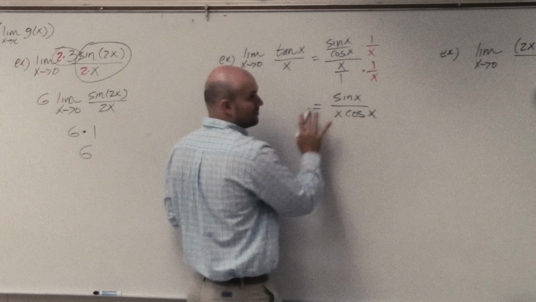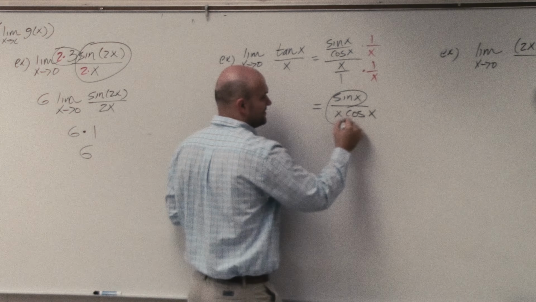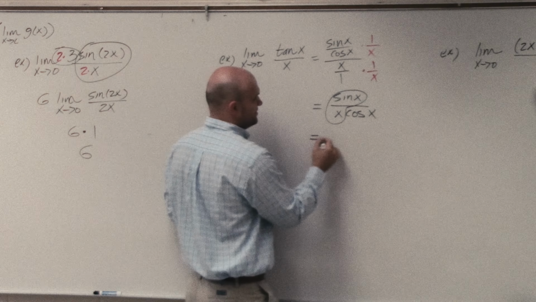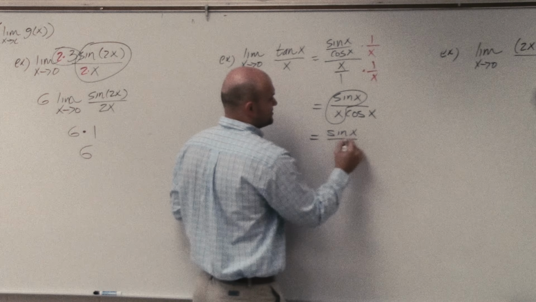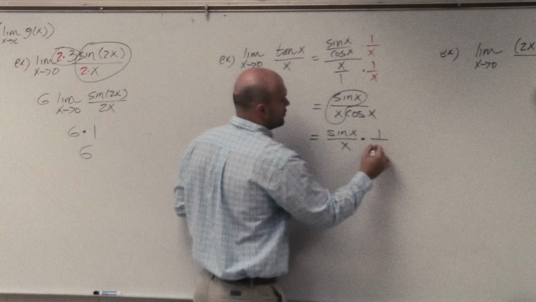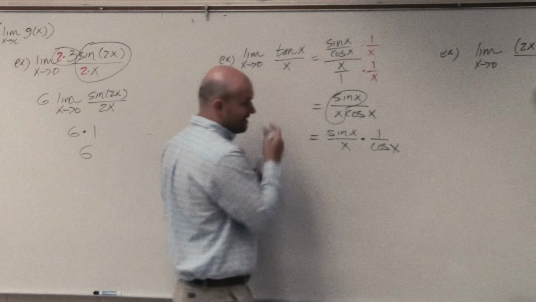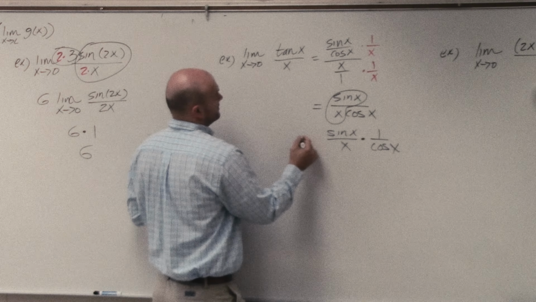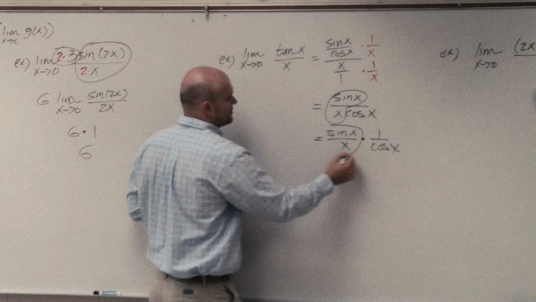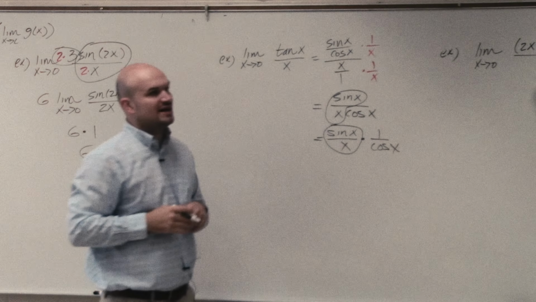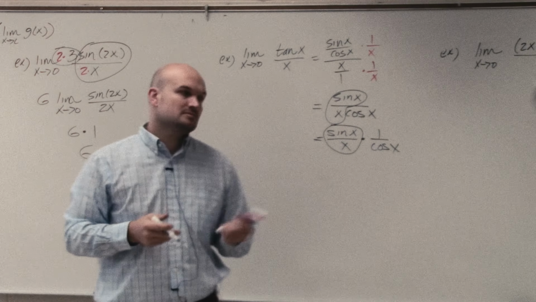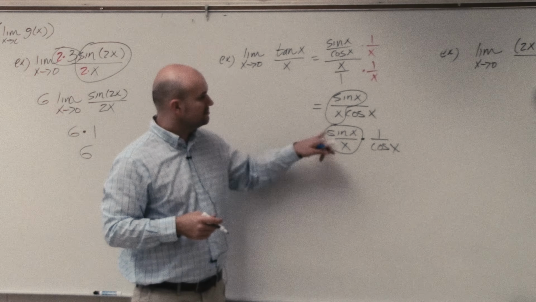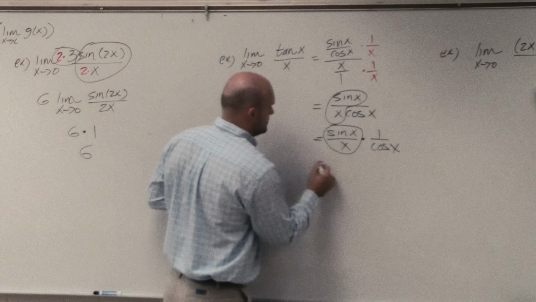Well, I can separate this. I can group these together because I want those to be grouped together. So that would look like sine of x over x times 1 over cosine of x. Well, as the limit as x approaches 0, sine of x over x is going to equal 1.